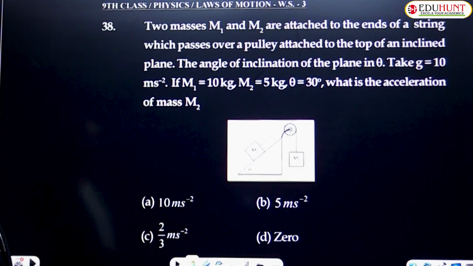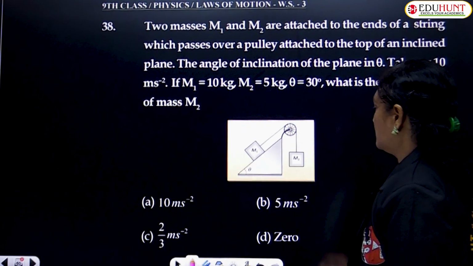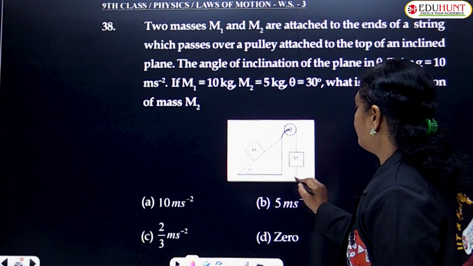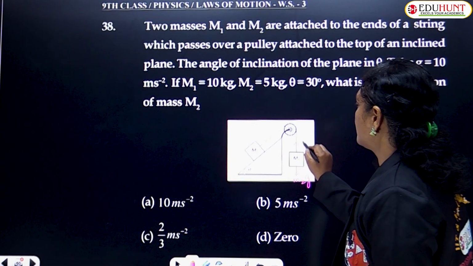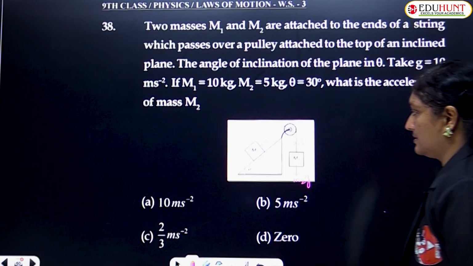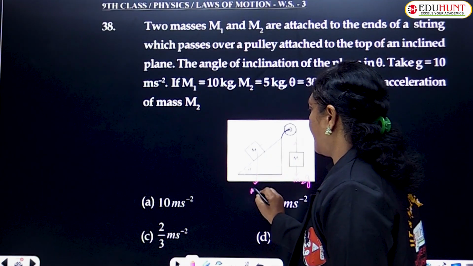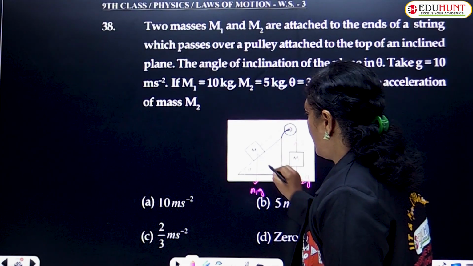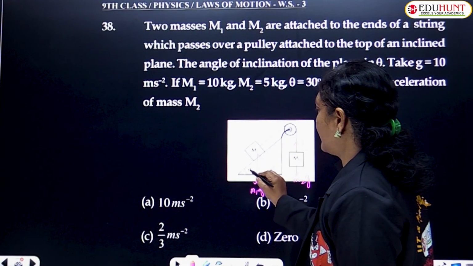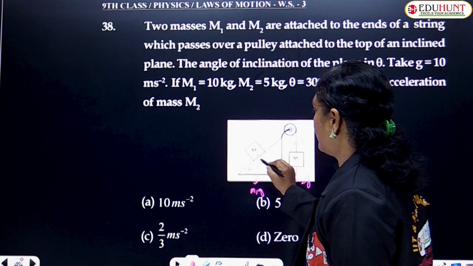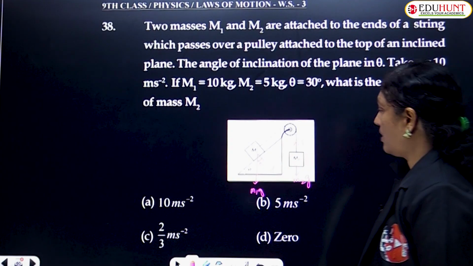Normal numerical, children. If you focus on the concept, clearly we have M2G acting downwards and tension in the string acting upwards. For this, if you observe, M1G must be acting downwards, and if you drop a perpendicular line to this, if the angle is theta, here also the angle must be theta, because the angle between two perpendicular lines is always equal.